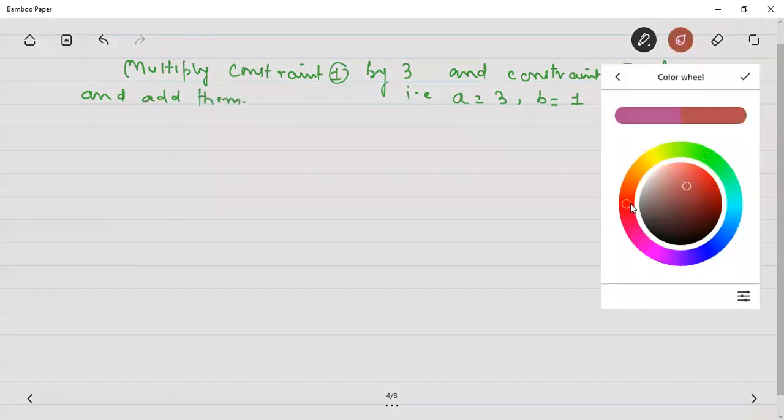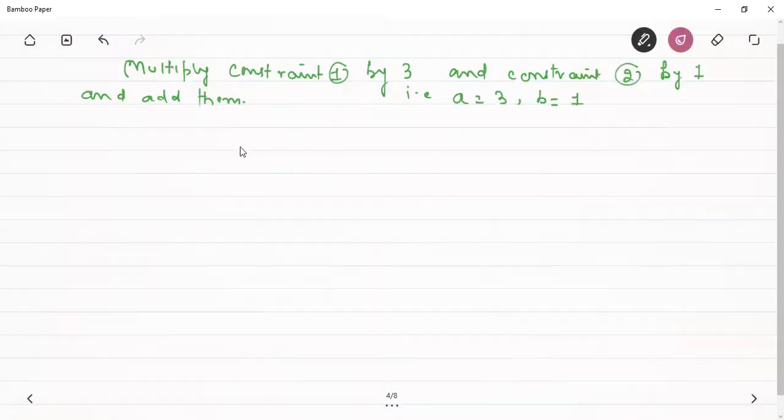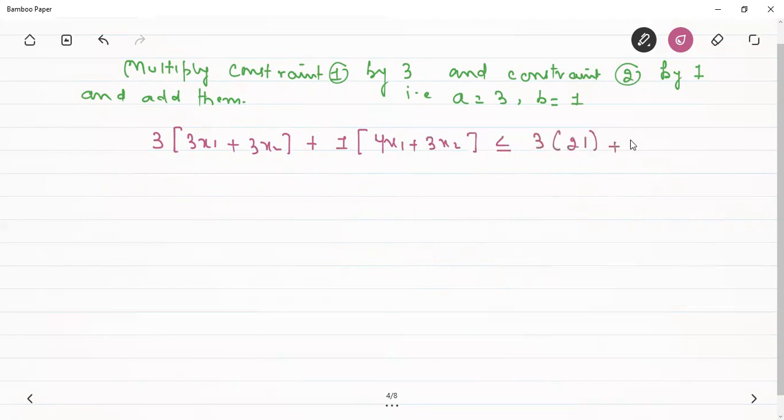So if we are multiplying the first constraint by 3, that was 3x1 plus 3x2, and I'm going to add it with the second constraint after multiplying it by b equal to 1, that is 4x1 plus 3x2. So this has to be less or equal to 3 into 21 plus 1 into 24.